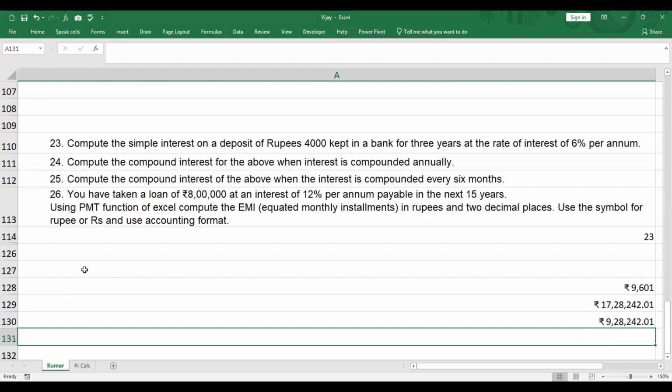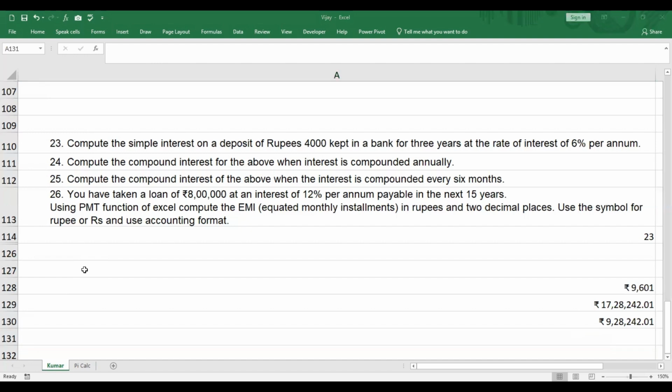That is the EMI, which is computed using the PMT function. So practice based on this data and use your own data so that you get a hang of the entire formula.